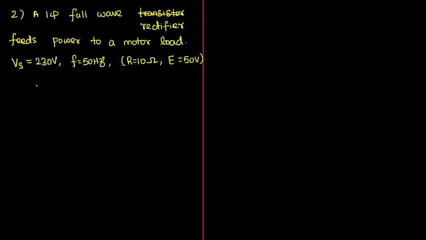For a firing angle alpha equal to 45 degree, the average value of the output current is dash, whereas the extinction angle beta is equal to 172 degree. It's a beautiful question, right?